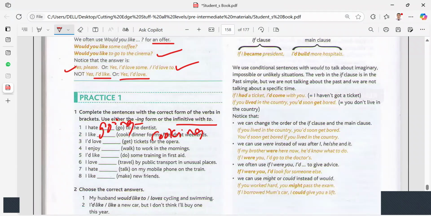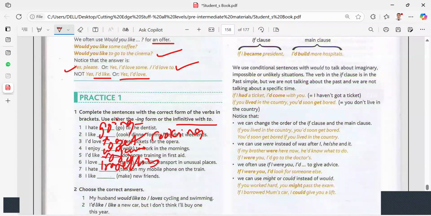I'd love to get tickets for the. To get. Yes. I enjoy walking to work in the mornings. I'd like to do. Yes, to do. Good. I love traveling by public transport. Traveling.